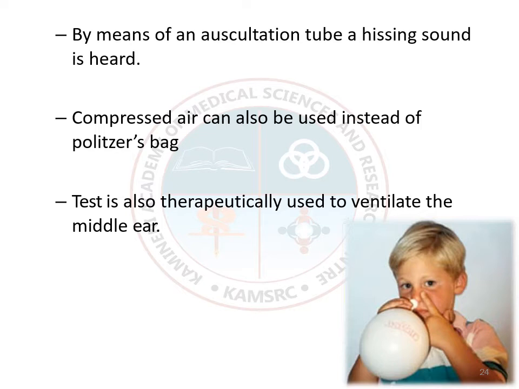Instead of a Politzer bag, you can also use a balloon. In simple words, you give some air to the nasopharyngeal end, and you can pick it up through the tympanic membrane.